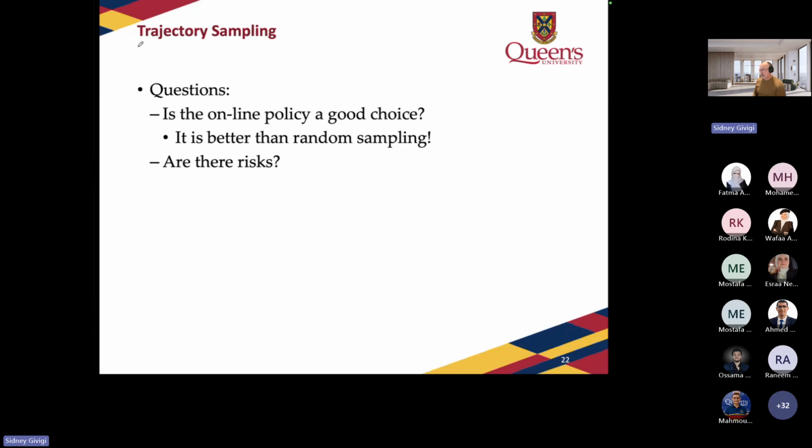Are there risks? And you should be thinking that, yes, there are risks, right? Because what happens if my trajectories in the beginning are not trustworthy? Even though they were generated, it could be that they are actually bad trajectories. And then you can actually get stuck in that loop because you get stuck in these bad policies.